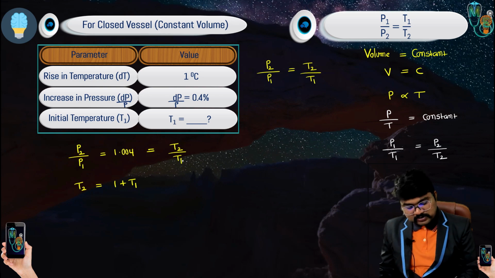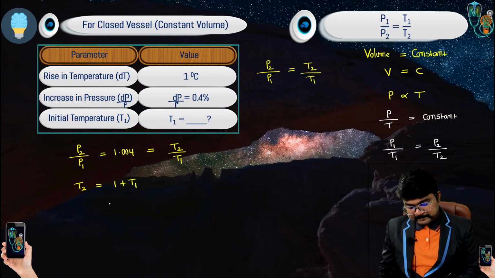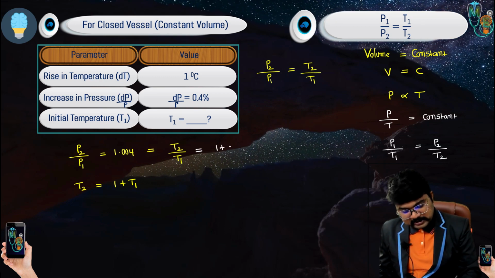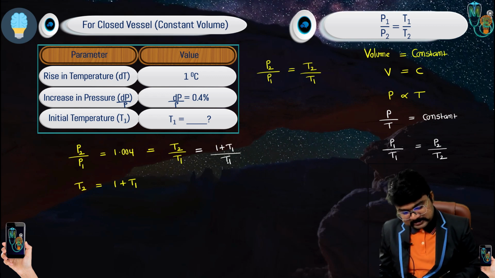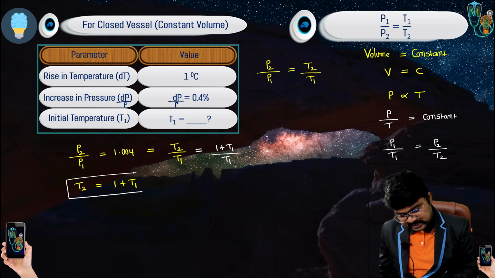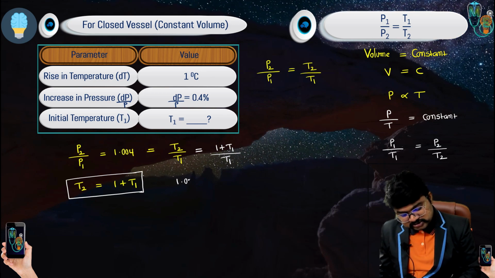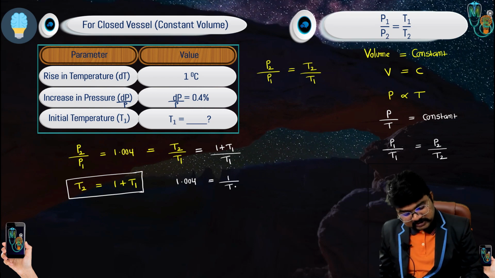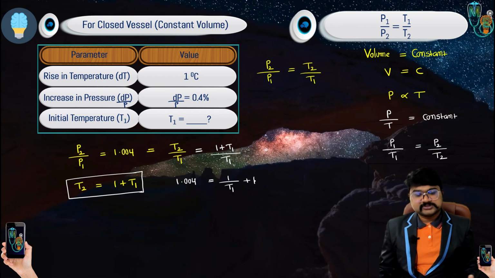Now tell me, what is T1? From here, 1.004 equals 1 by T1 plus 1.